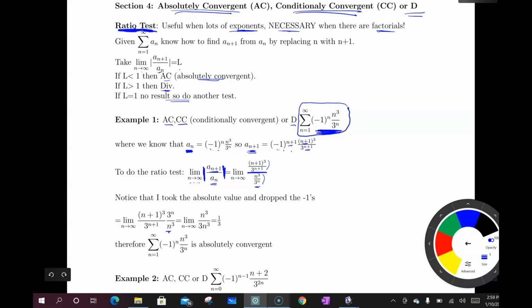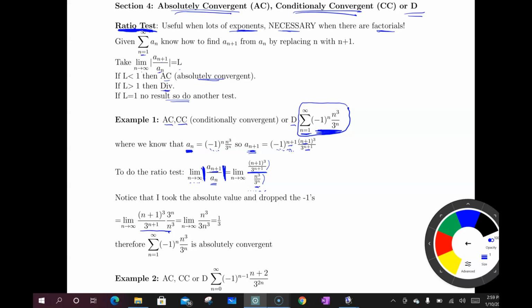See how I just threw away the -1s? Because I have absolute value, these will go away. And I know these n terms don't need an absolute value because they go from 1 to infinity, right? So with the absolute values, tossing the -1s, and multiplying by the reciprocal, I get to here.